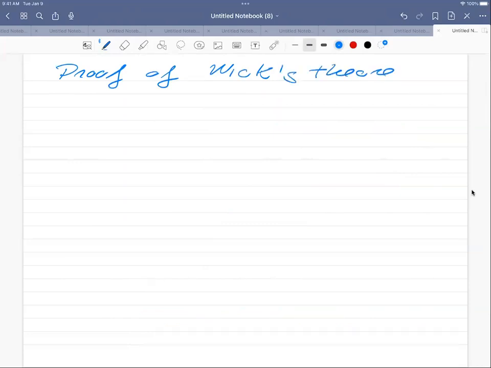To show the theorem, we need a lemma. And this is probably where we will end today, so that we will continue with the proof of Wick's theorem next week. Today I'm just going to state this lemma.